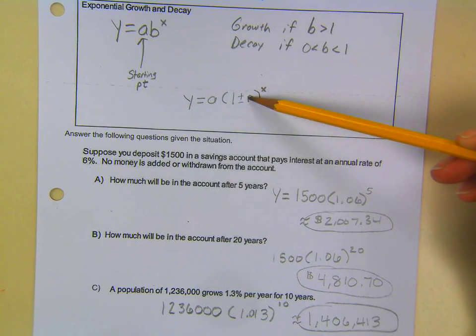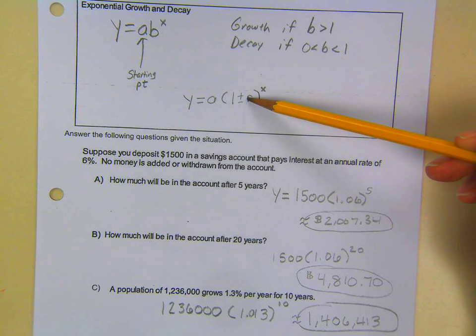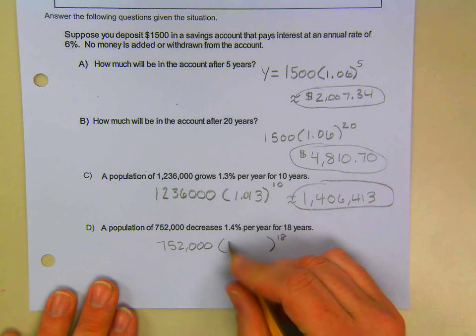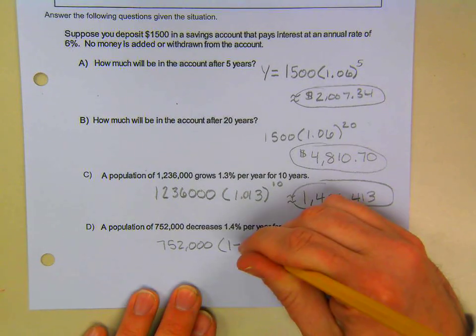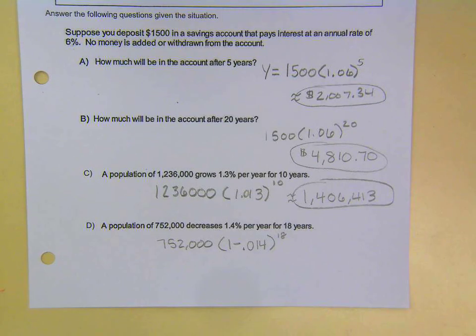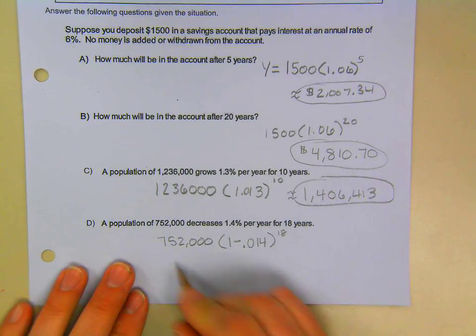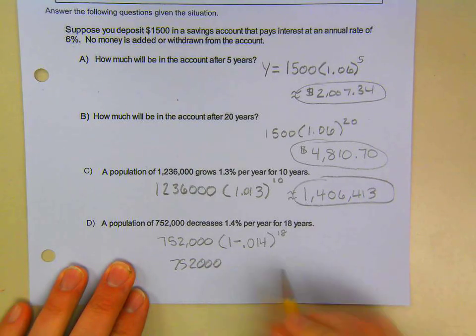If you're increasing, you add the rate to 1. If you're decreasing, you subtract it. So if you can't do that in your head, just write 1 minus, and then whatever 1.4% is as a decimal, it's 0.014. That's 1.4%. And you could type that into your calculator, or you could actually subtract 1 minus 0.014, which is 0.986.